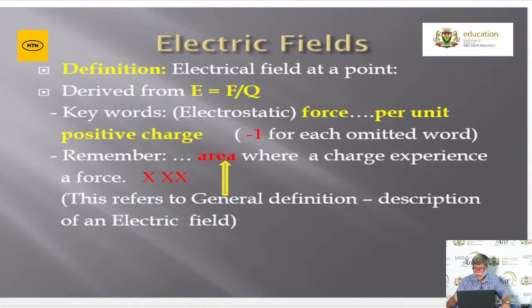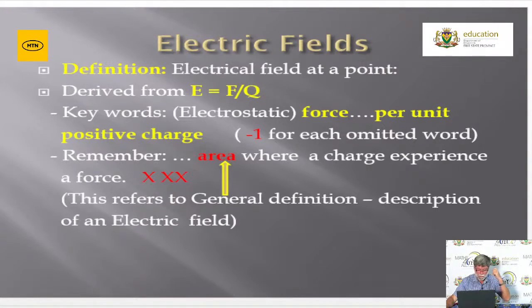Normally, in a definition, they subtract 1 mark for each key word omitted. Now, if you omit per unit or positive, you already lose 2 marks and get 0 marks for the definition. So remember the keywords, force per unit charge.